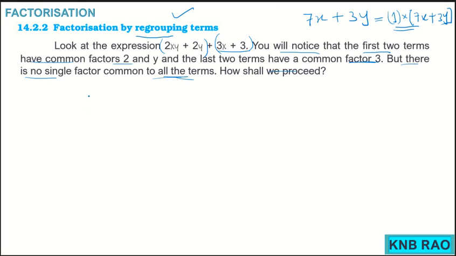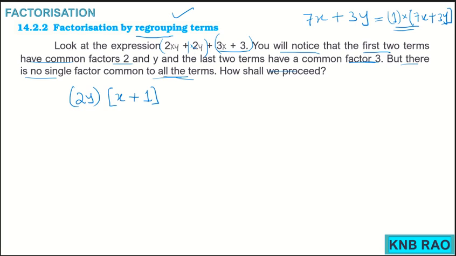Let me show you. Here children, suppose I have taken 2y common in the first two terms, now it becomes 2y times of x plus 1. How has this 1 come? Tell me. Remember I have this 2y written as 2y into 1.